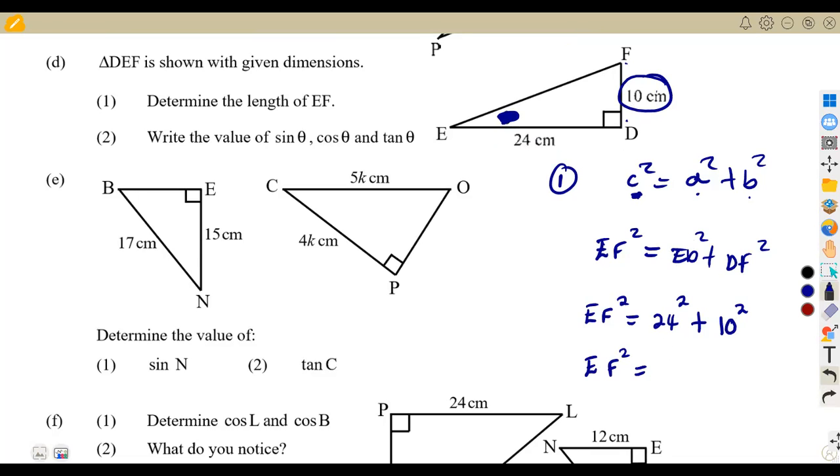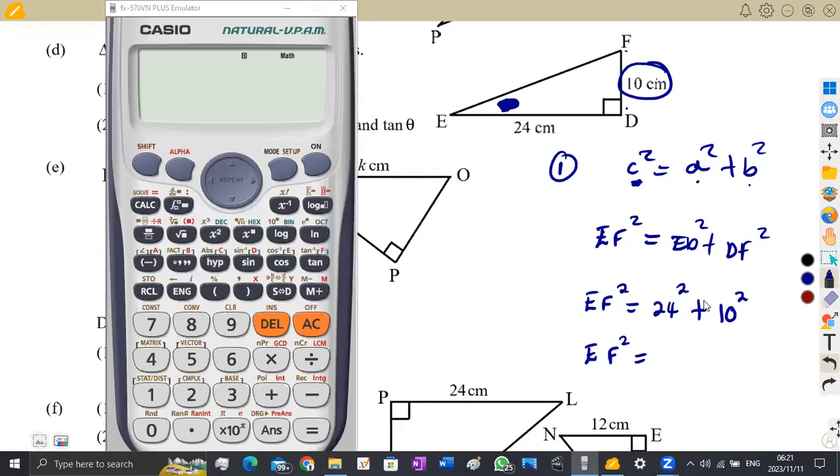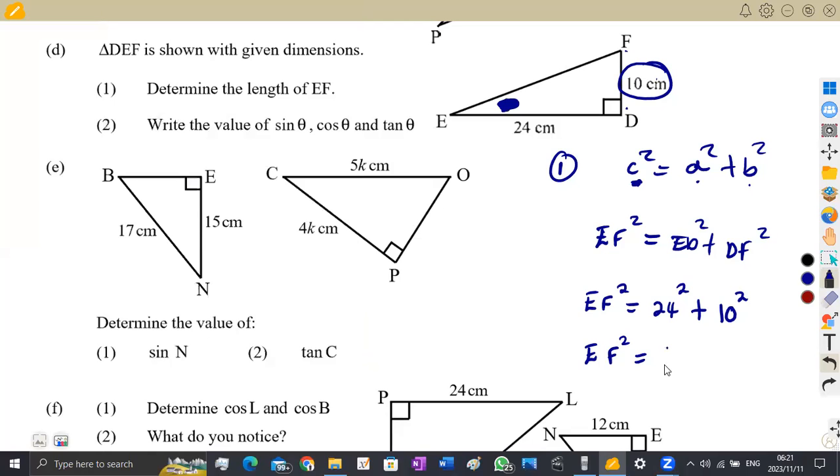There you can just use your calculator at once to simplify the value, or you can find the value of 24 squared, the value of 10 squared, or you can just add at once. That is 24 squared plus 10 squared, which is going to give us 676. You determine the square root so that you remove the square.